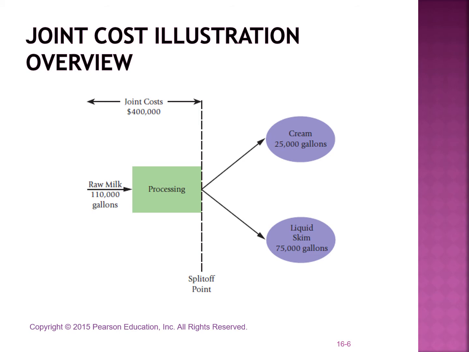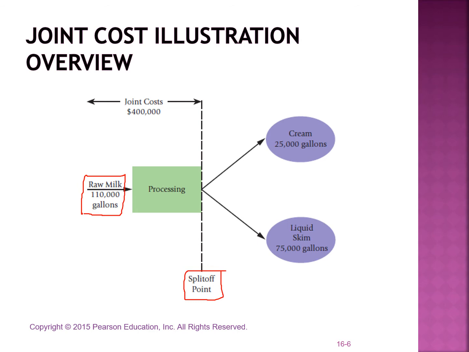Here the joint cost illustration says that we have a processing operation with raw milk. The raw milk is 110,000 gallons, as you can see here, and we incurred a joint cost of 400,000 until we reach the split-off point. After the split-off point, we divide the raw milk into two main products, the creme and the liquid skim.